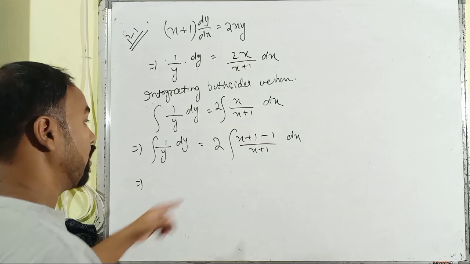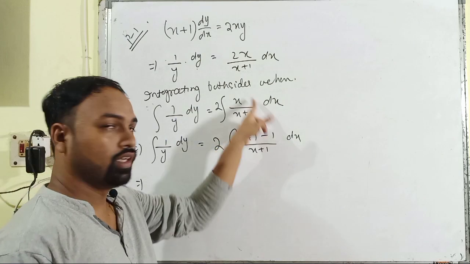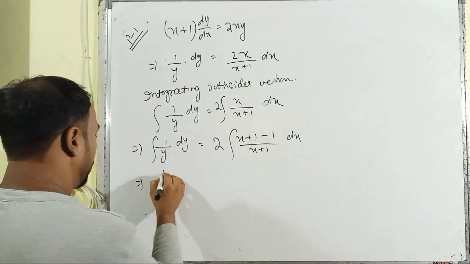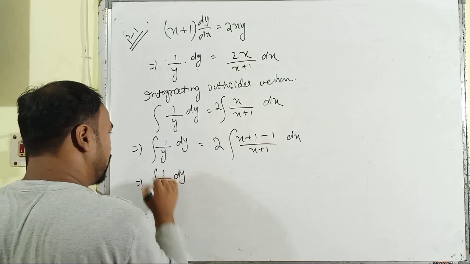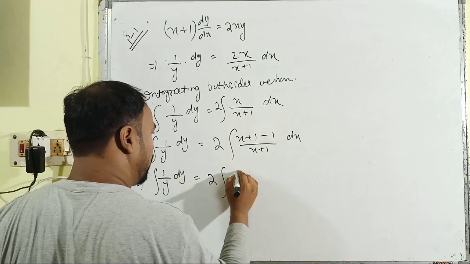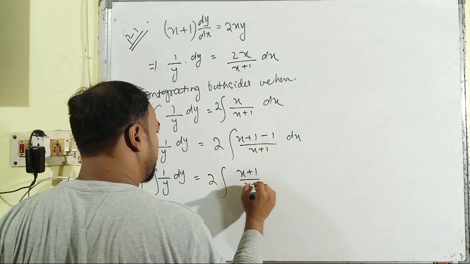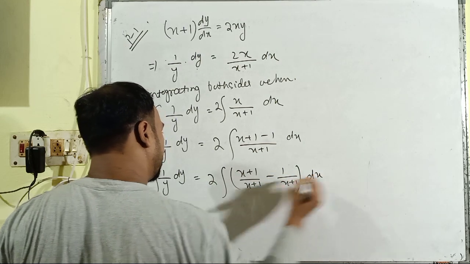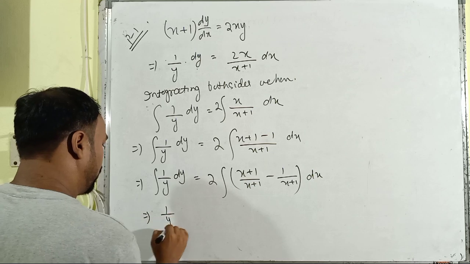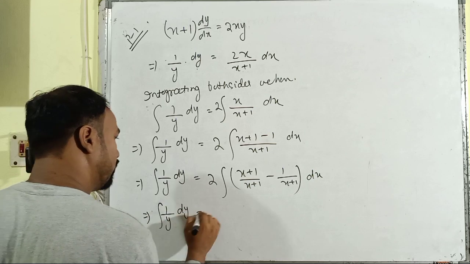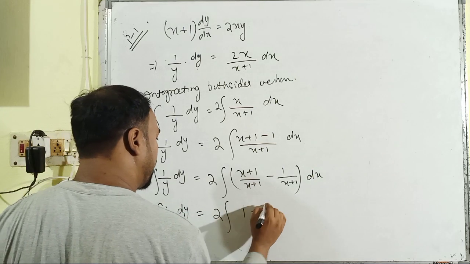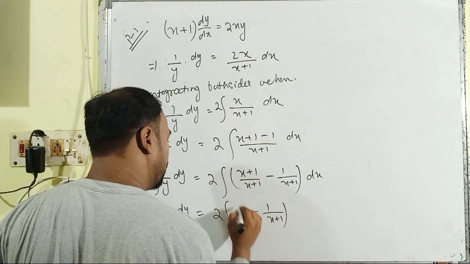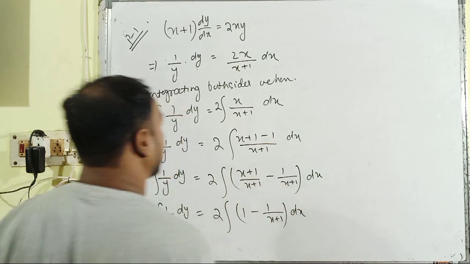We have just added a 1 and subtracted a 1 in the numerator. Then it will be 1 upon y dy is equal to 2 times integral of x plus 1 divided by x plus 1 minus 1 upon x plus 1 dx, which is 2 times integral of 1 minus 1 upon x plus 1, with respect to x.